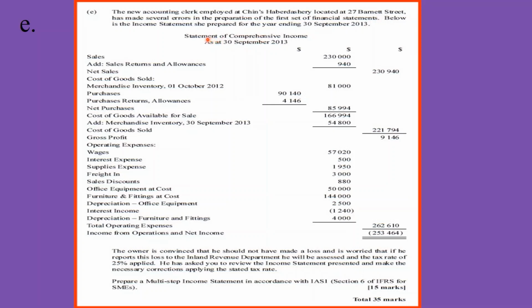Okay, don't forget that. Chin's Haberdashery, statement of comprehensive income as at, and you give the date. It always follows the pattern who, what, when. Whenever you are doing an IFRS for SMEs or IAS 1 income statement, you should have your dates like that.